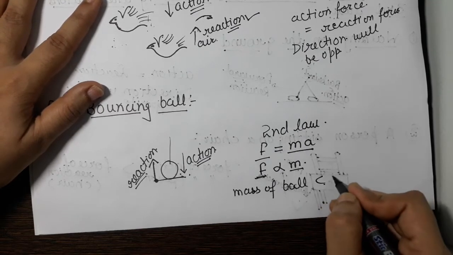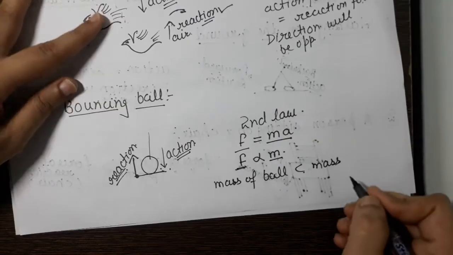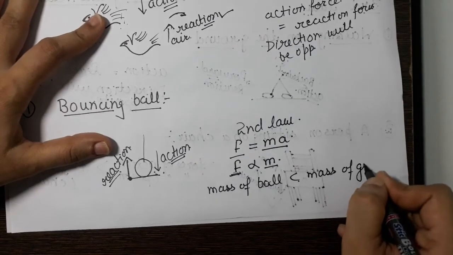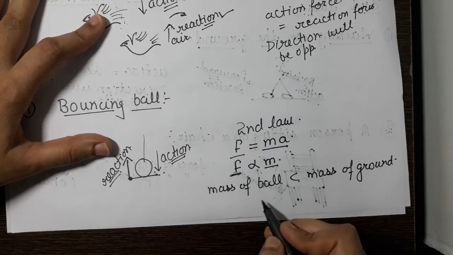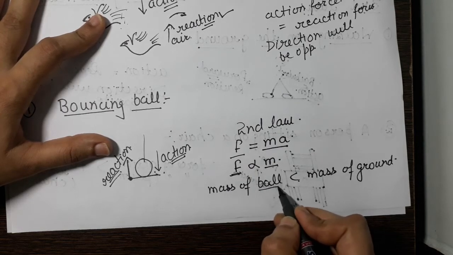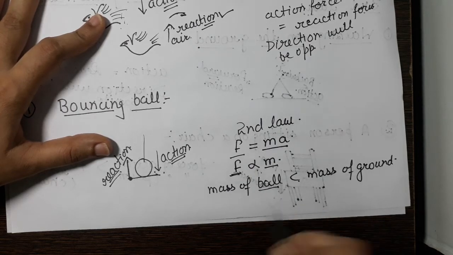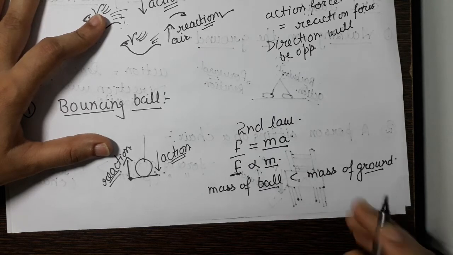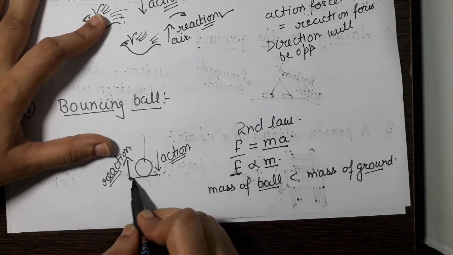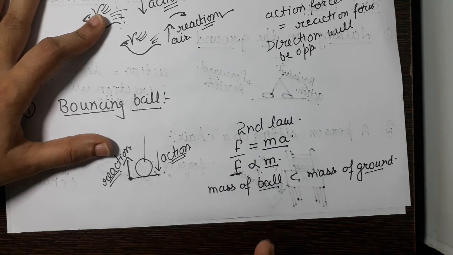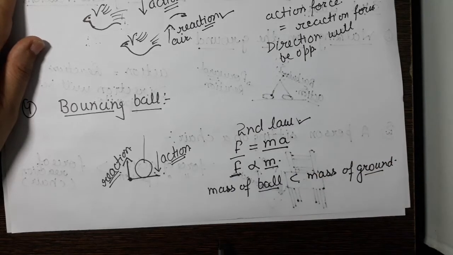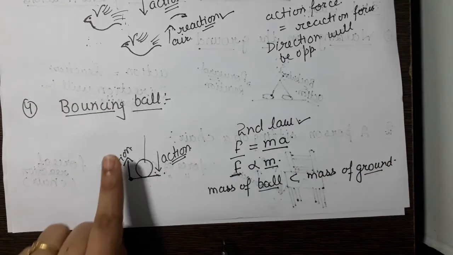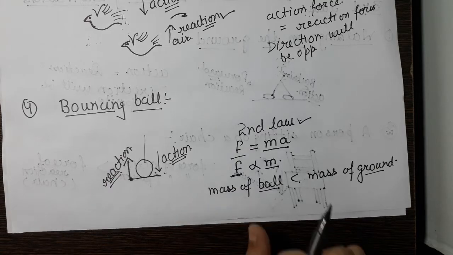This is very obvious. So which thing will exert more force? The ball will exert less force because its mass is less, and the ground will exert more force. So the ground will not displace from its position, but the ball will displace from its position. So here we are also using Newton's second law to explain Newton's third law in this example.